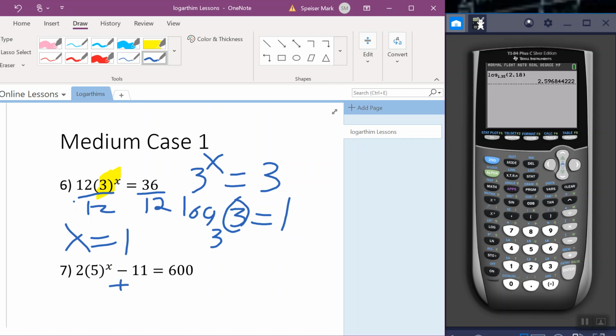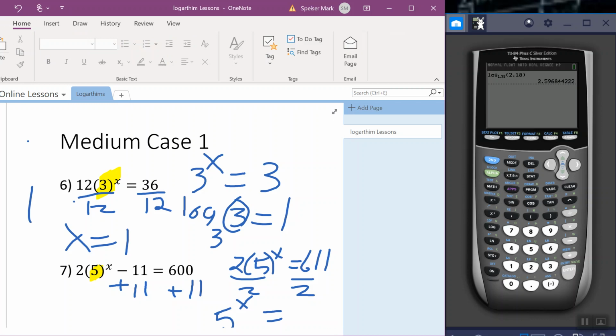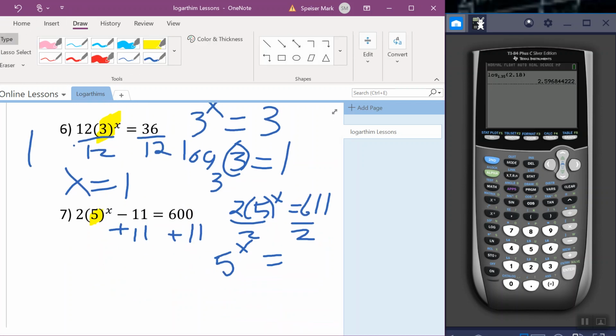Next example, 2 times 5 to the x minus 11 equals 600. You add 11 to both sides, so you want to get the exponential part alone. So you get 2 times 5 to the x equals 611. You divide by 2, you get 5 to the x equals 611 divided by 2, which is 305.5. Change the form to the log.